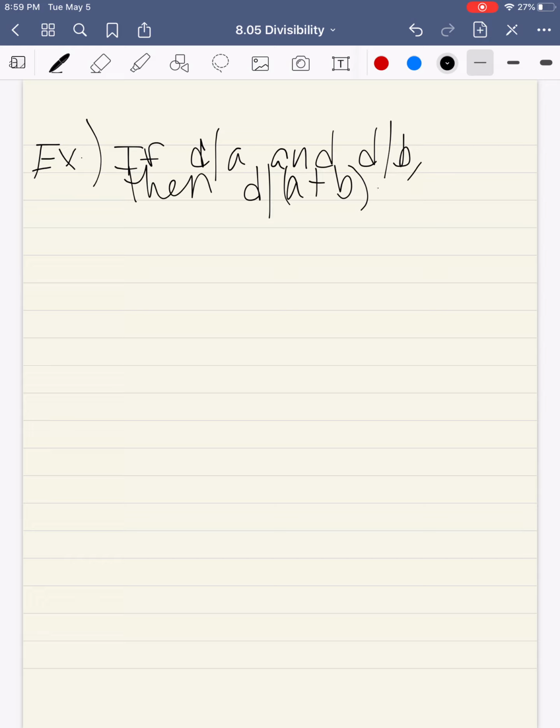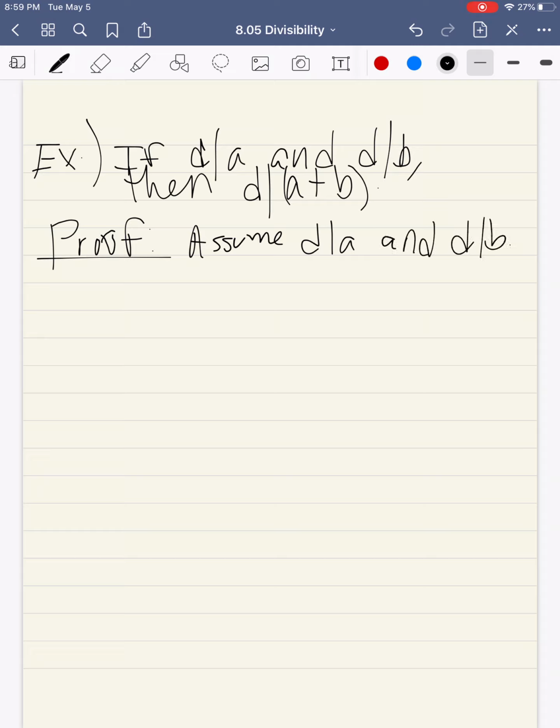To prove this, we're going to prove this directly. Since this is just an if-then statement, I assume the if part. So assume d divides a and d divides b.